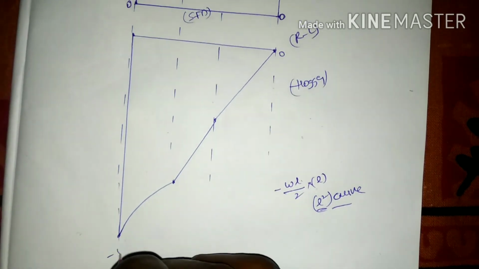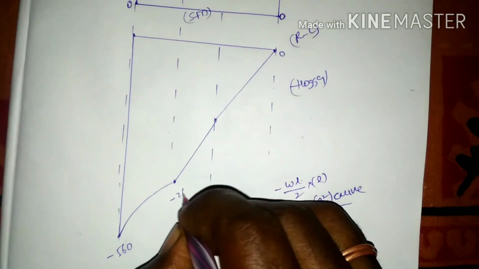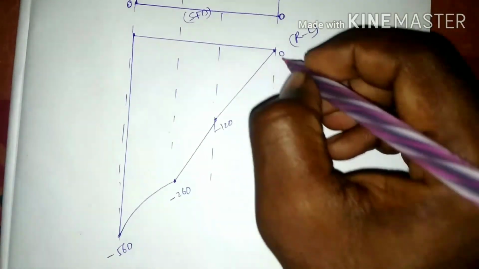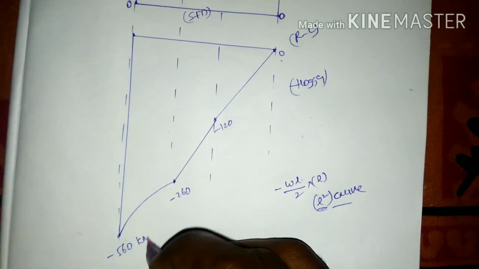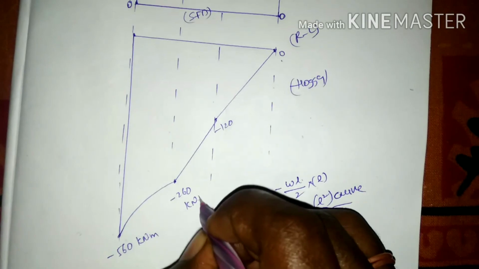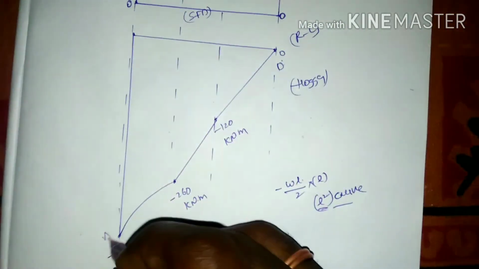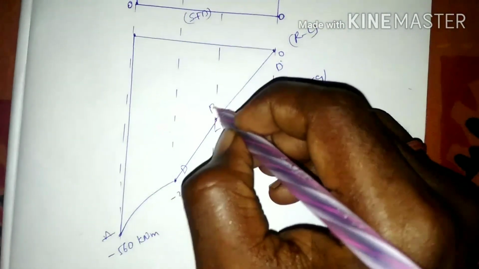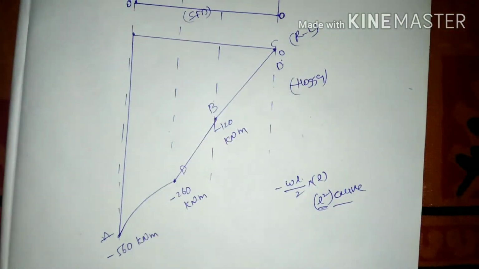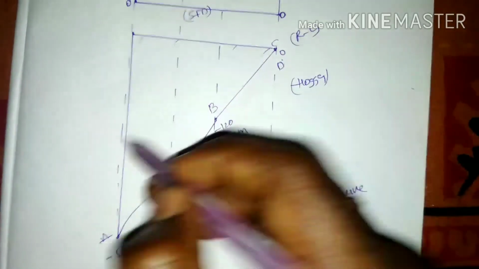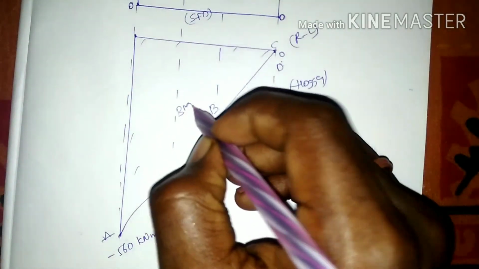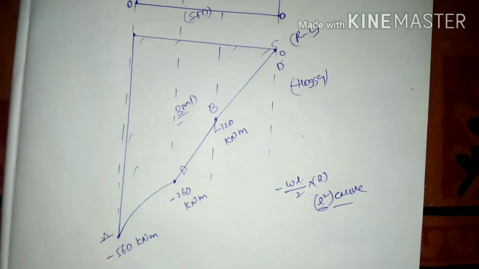This point is minus 560, this is minus 260, and now it's minus 120, and here it is 0 kilonewton meter, and 0 here. This is A, D, B, C. This is the bending moment diagram. Thank you for watching.